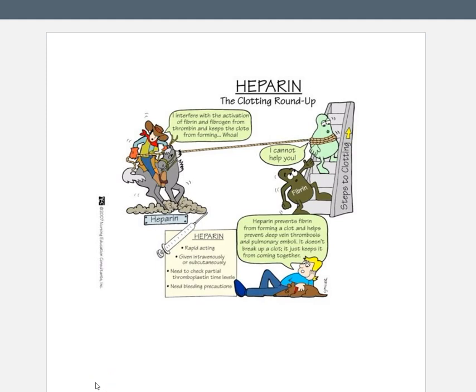Another thing you want to watch with heparin is a patient's platelets, because heparin can cause what we call HIT, or heparin-induced thrombocytopenia, which involves the number of platelets a person has, and we know those cells are responsible for clotting, so we usually hold heparin if the platelets are below 100,000.